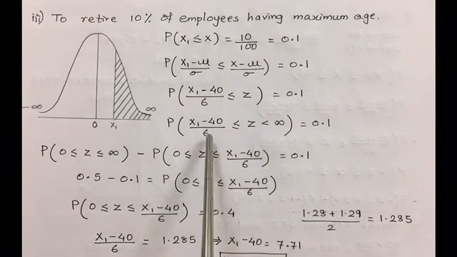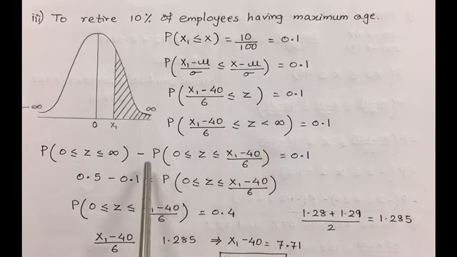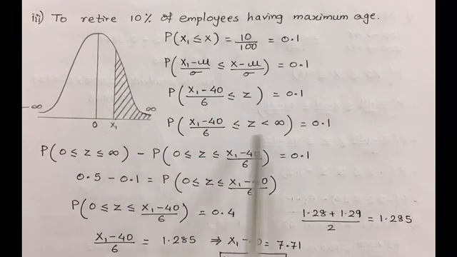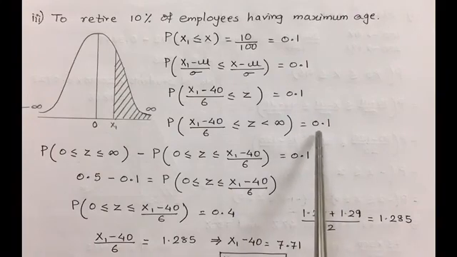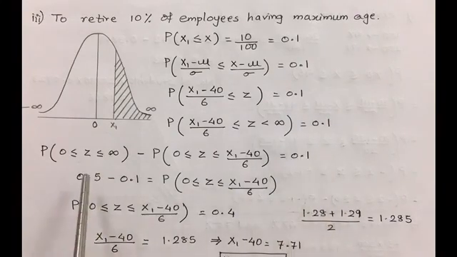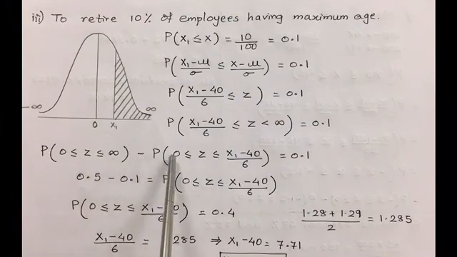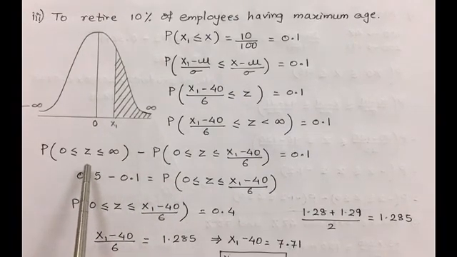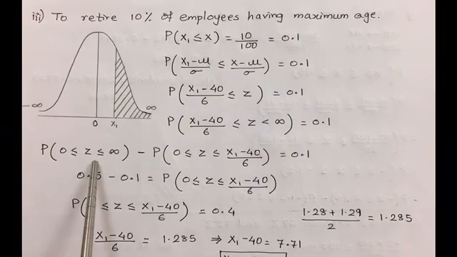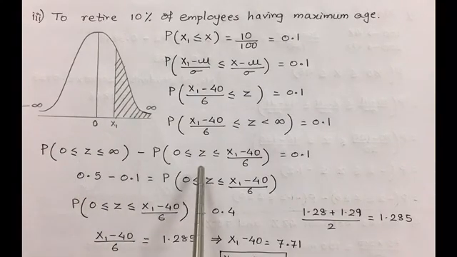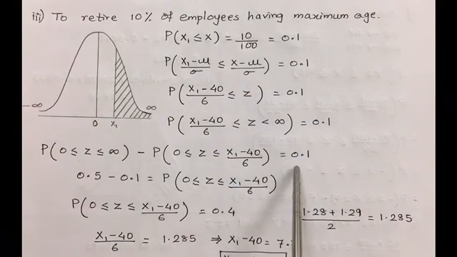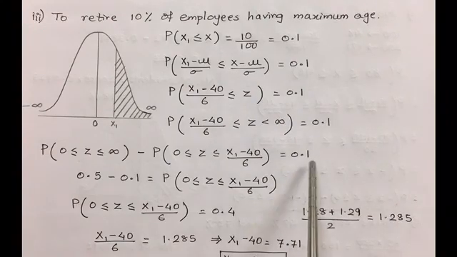Now separating the probability from 0, as the area given is less than 0.5, while separating it, we will be taking 0 to infinity as the first area, and then 0 to (x1 minus 40) divided by 6, that is equal to 0.1.